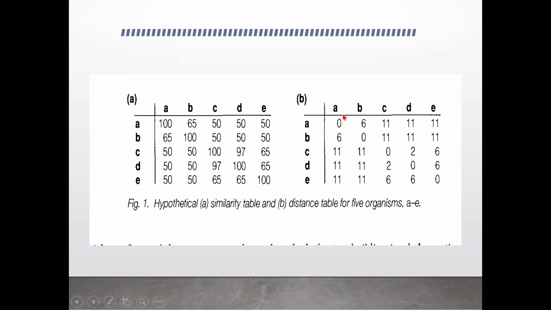This is the percentage of difference between the species being compared. So this is how the similarity table and distance table for different species or taxa can be constructed. These tables can be converted into a matrix, and the data in the matrix can be used for constructing phylogenetic trees.